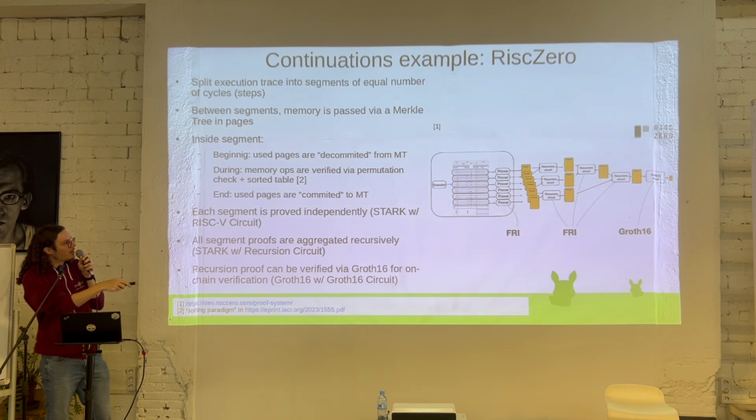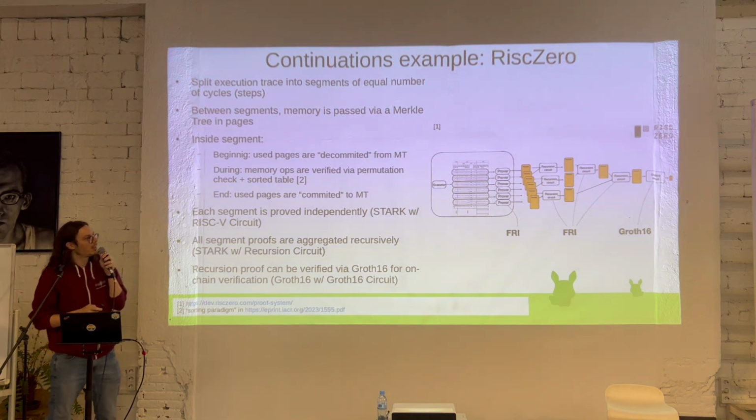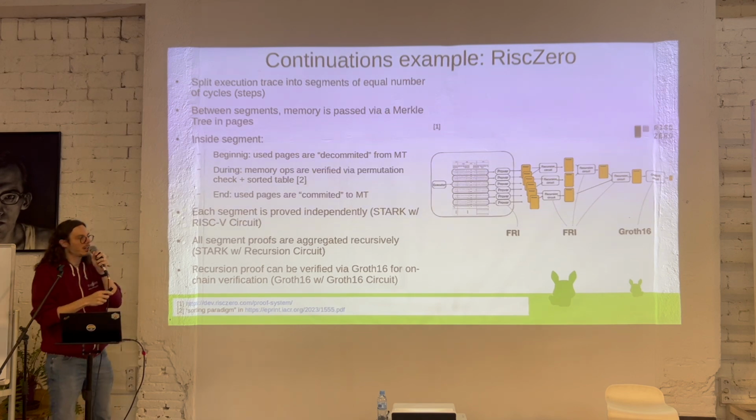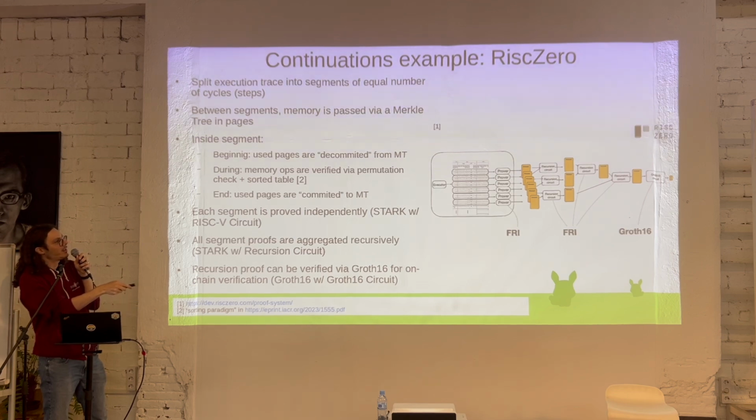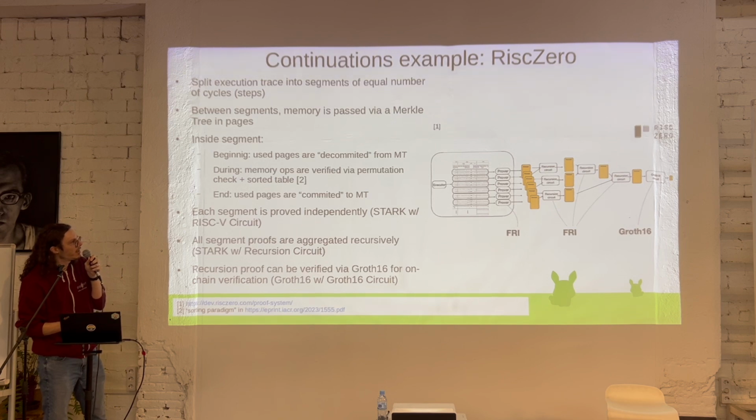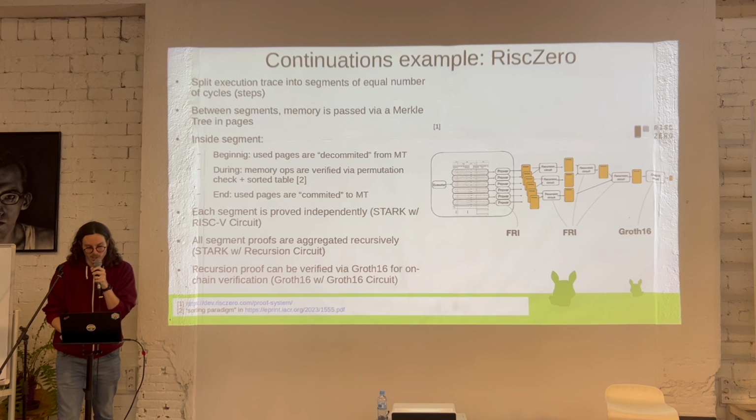Then all these proofs are aggregated in a tree fashion with more STARK circuits until we finish with one single STARK proof. This STARK proof can be a bit big to verify on chain, so there is a final step which verifies the STARK proof in a Groth16 circuit. And then this can be verified on chain. So we have a single proof for unbounded computation.